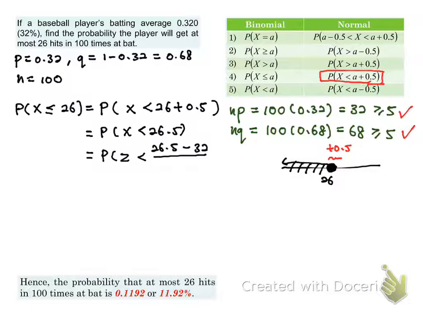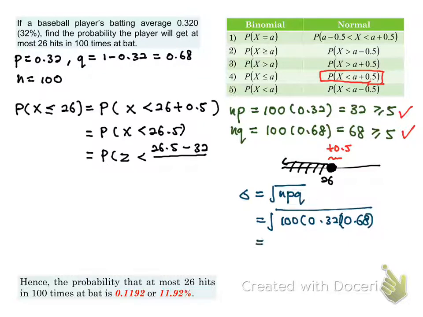You need to do an additional calculation here. The standard deviation is the square root of NPQ, so it will be 100 times 0.32 times 0.68. What do you get? 4.665.